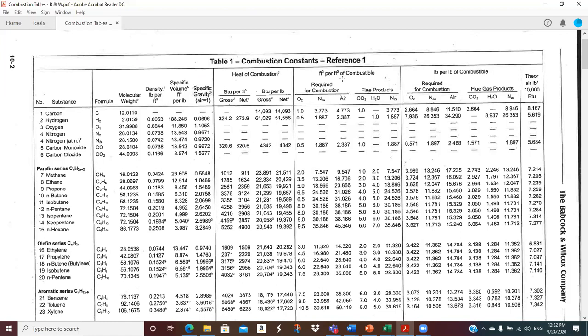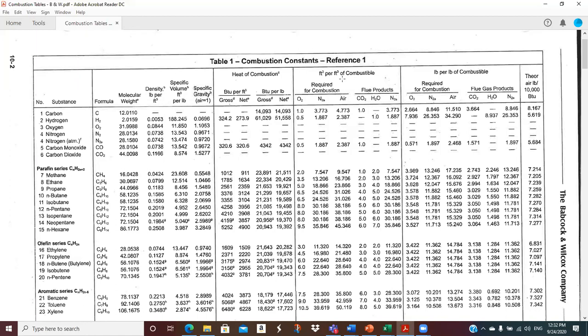The higher heating value is 1,000. A cubic foot of gas is 1,000 BTUs. To produce a pound of steam, how many BTUs? Nominally it's 1,000. It's probably 850, 875 across the dome, and then you have to heat the feed water a little bit. So a swag number is 1,000 BTUs per pound of steam.